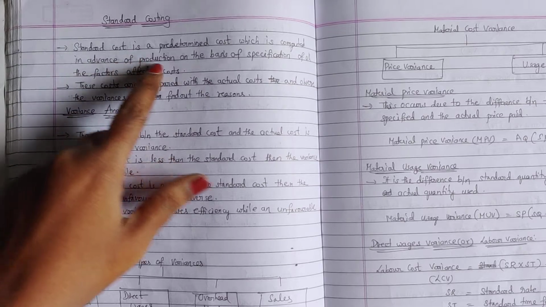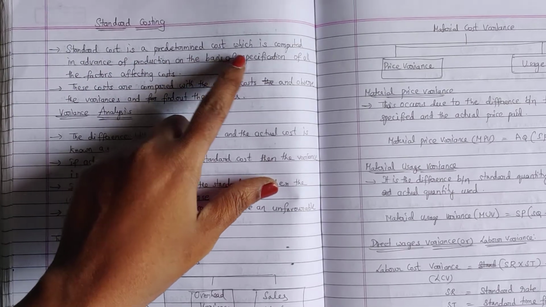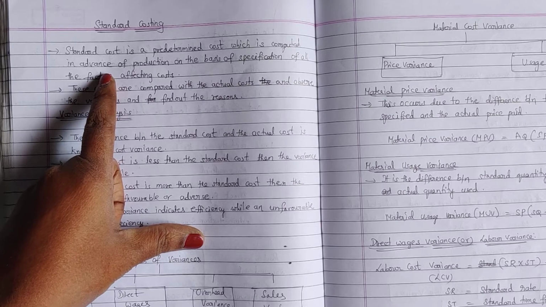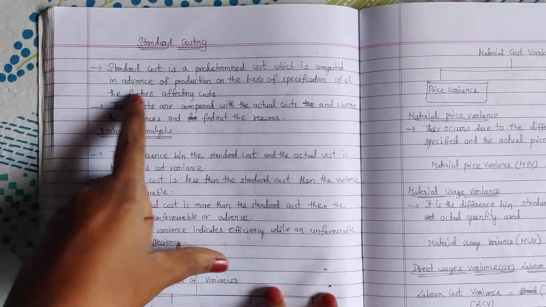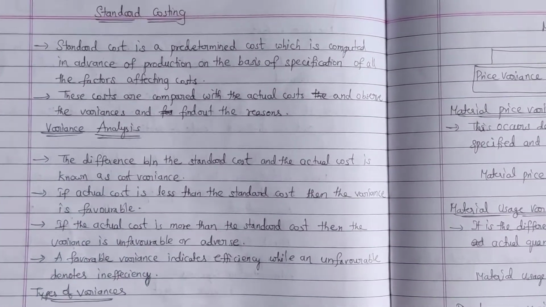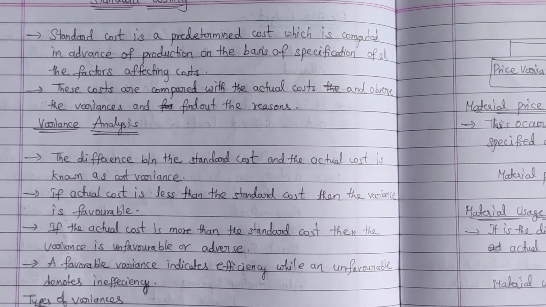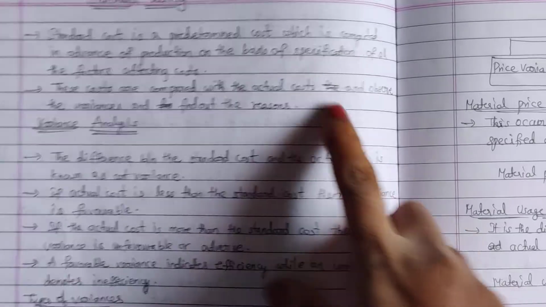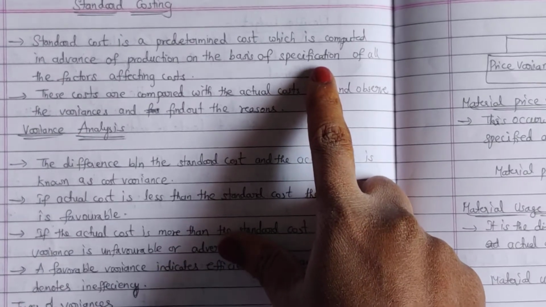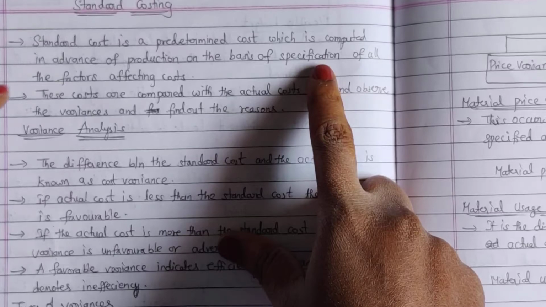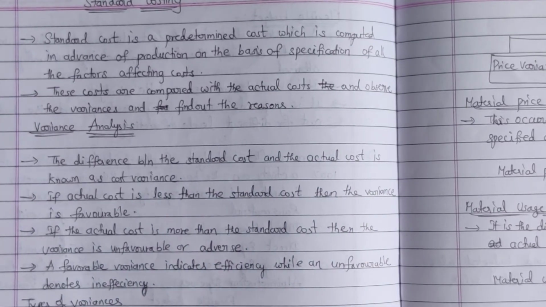That is, the standard cost is a predetermined cost which is computed in advance. We have to compute this cost in advance of production on the basis of specification of all the factors affecting the costs. So we need to take into account all the basic specifications of all the factors which affect the cost.